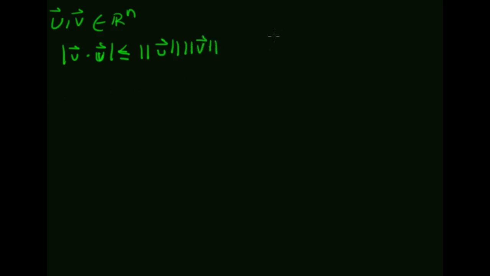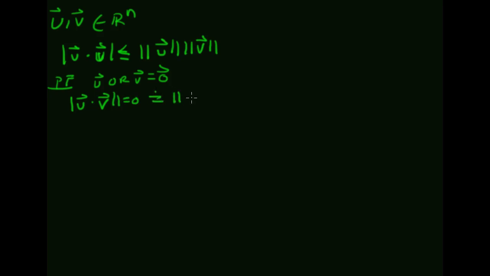Okay, so there's a trivial case for this, so let's start building the proof. The trivial case is if u or v is the zero vector, then clearly the dot product of u and v is 0.